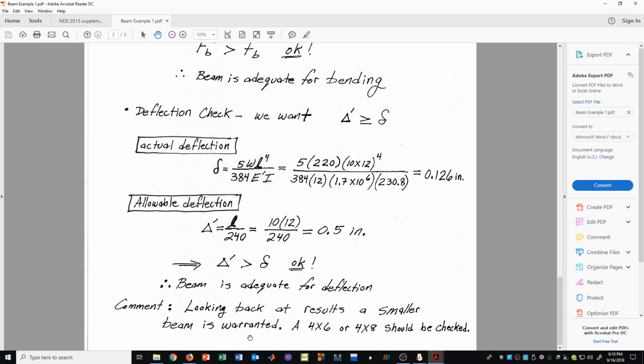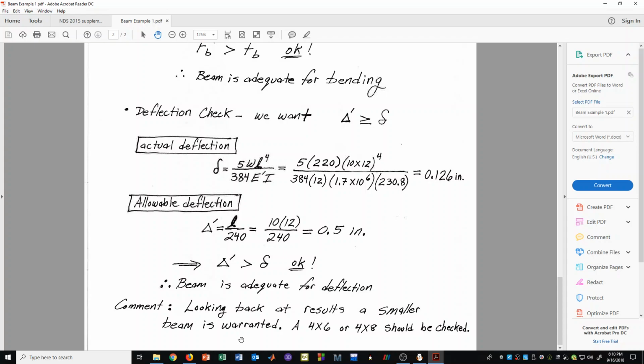Now, there are other ways to do it, but we have done it here starting from the very fundamental equations of allowable stress design. In some future videos, we may illustrate some other ways of doing beam design, particularly for these simple cases where we have a uniform load and a simply supported beam.